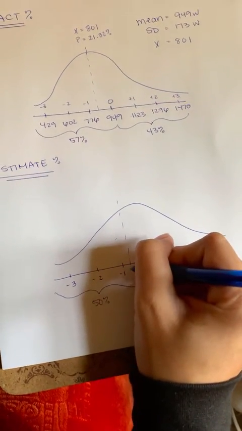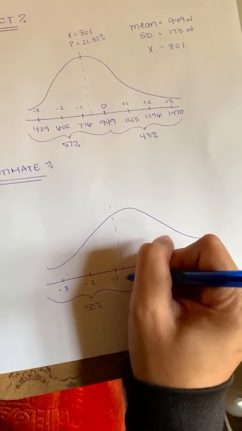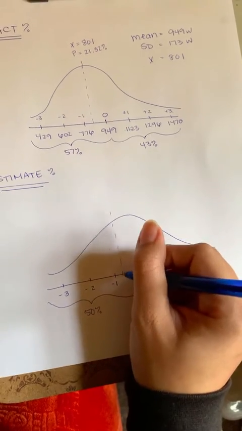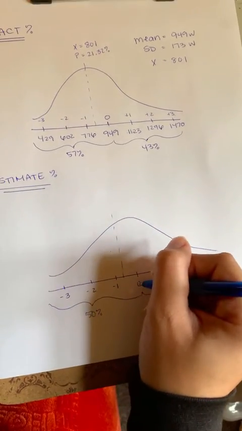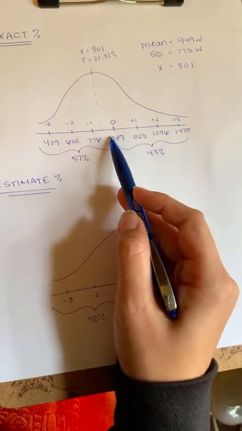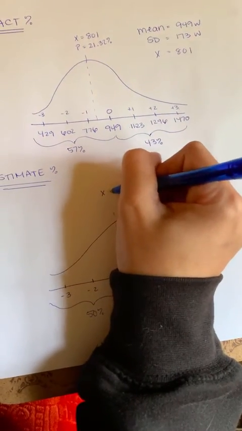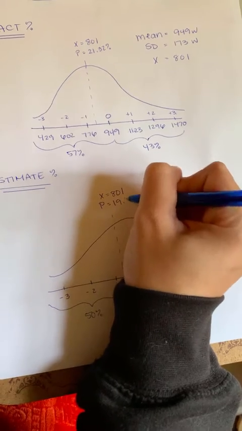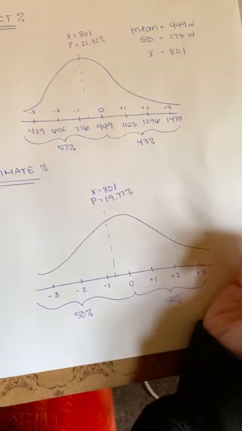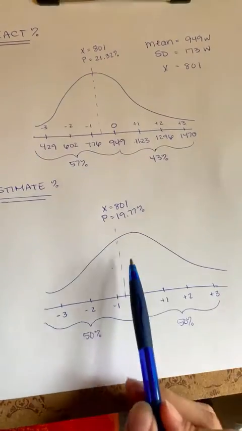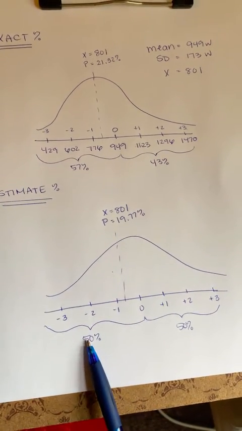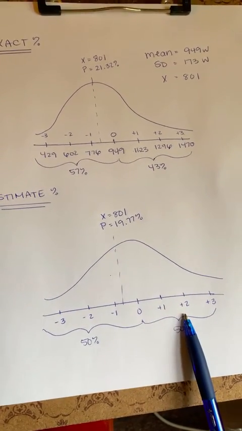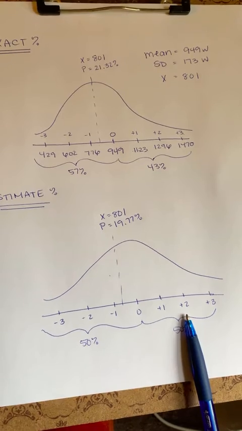I think the z-score was like negative 0.86 or something like that. So within, but still between -1 and 0, similar to how we would be up here. And x is still 801, but our percentile, we noticed, was 19.77%. And why is this? Because we're assuming 50% is on one side of the mean, 50% is on the other side of the mean.